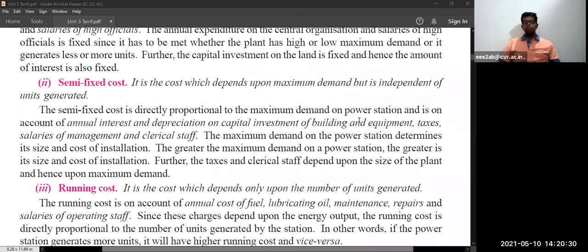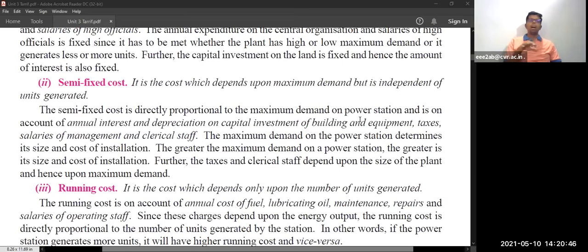So some employees are coming to your home and noting down the meter reading. So those employees you also have to pay a salary. Okay.